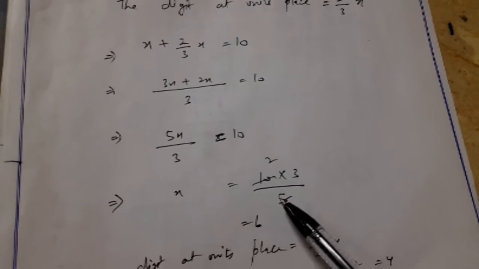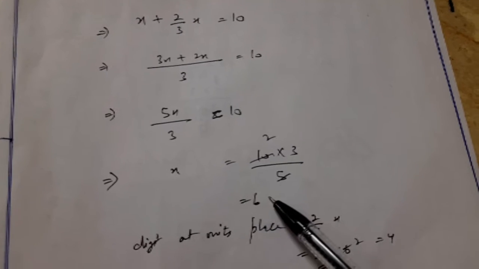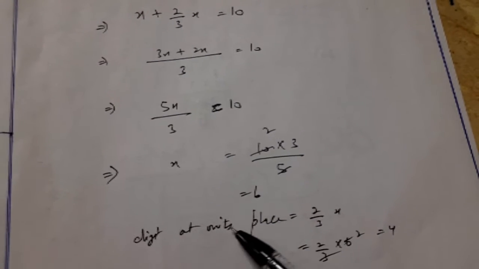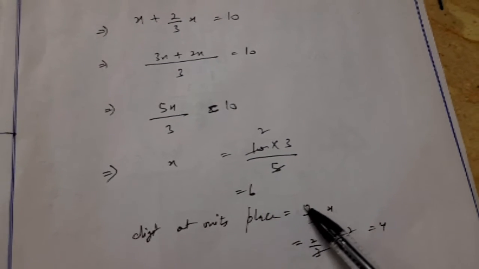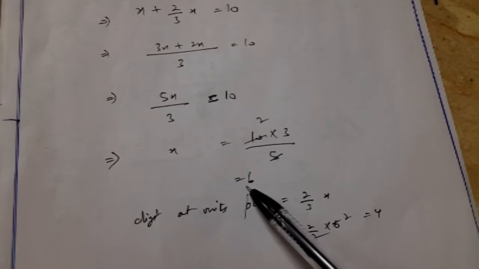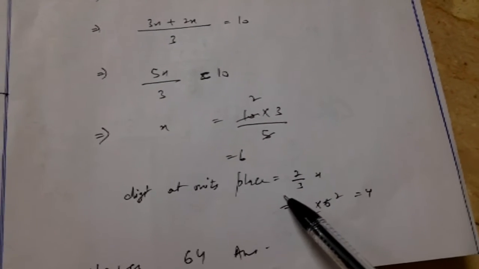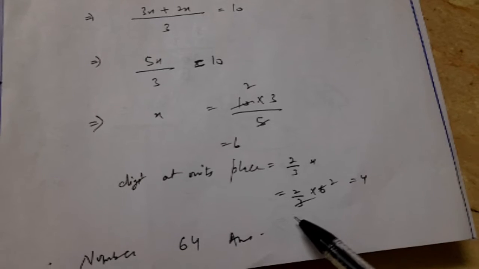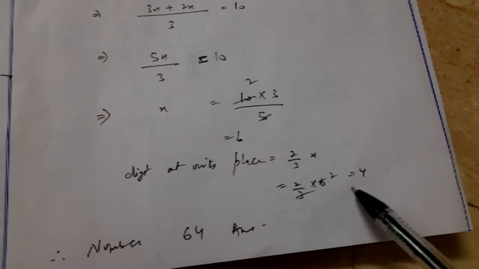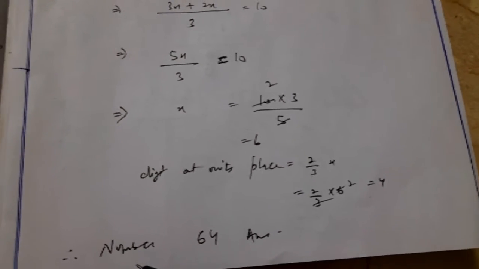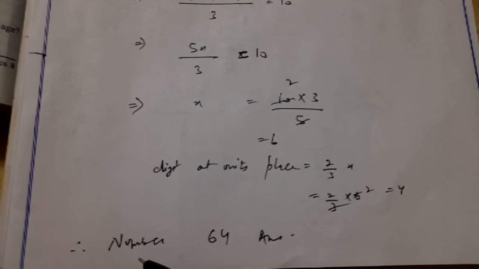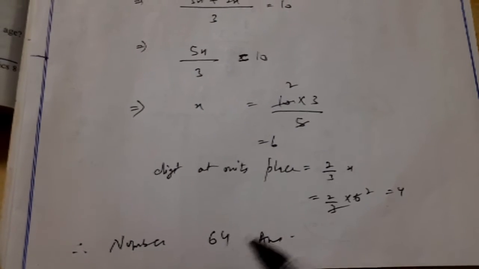If we cancel it out, we will get x equal to 6. So the digit at units place is 2/3 x, where x means the digit at tens place. So the digit at units place is 2/3 into 6, that is 4. Therefore our number will be framed as 64.